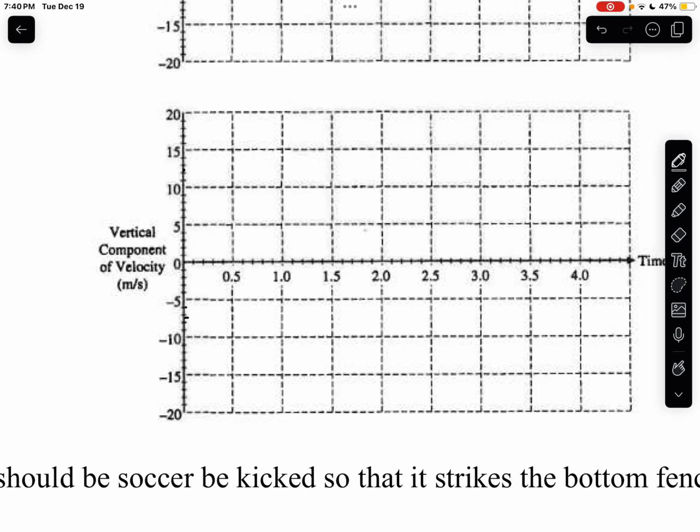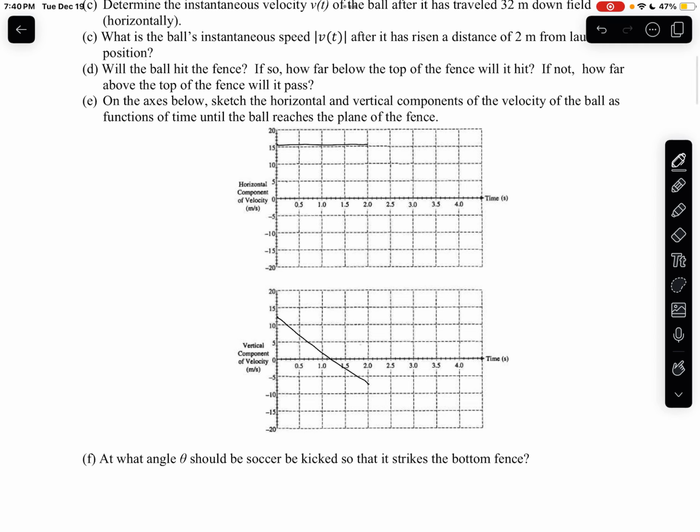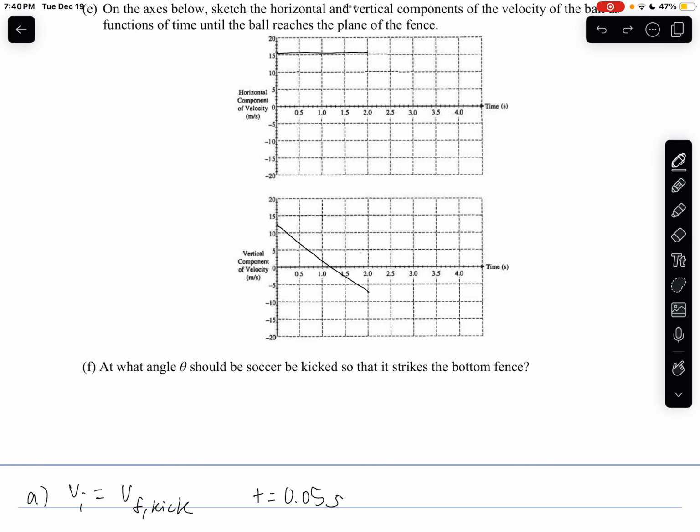So it's going to be 6, 7, so somewhere around, let's say, right there. Okay, so now I'm just going to try my best to connect the dots. Okay, very nice. So this is going to be the sketch for the velocity in the x direction, and this is going to be the sketch for the velocity in the y direction.